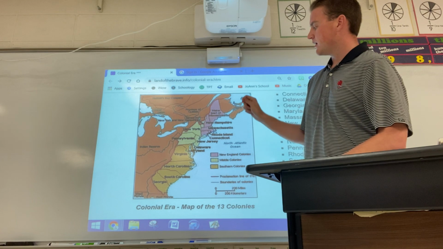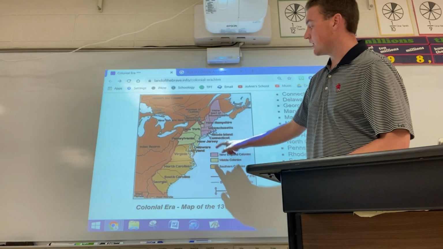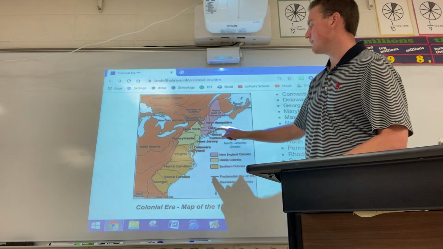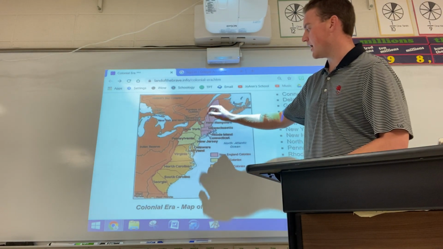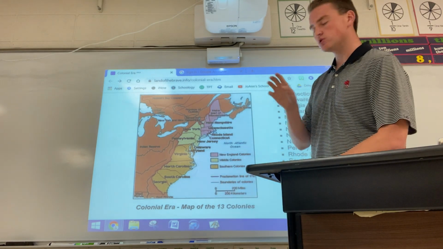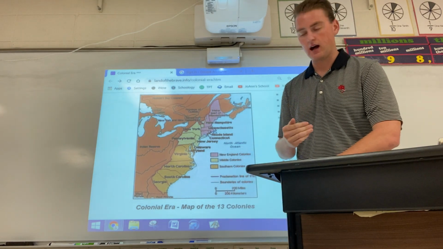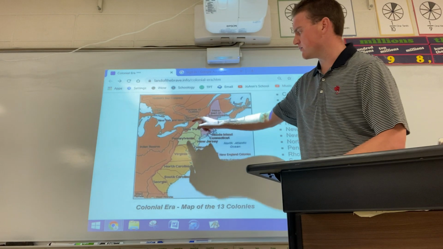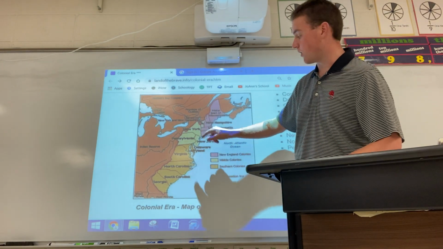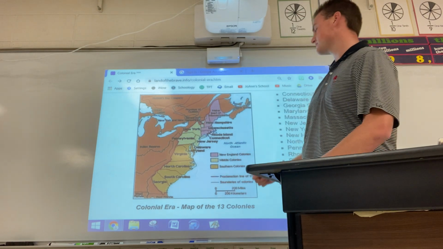The middle colonies consisted of the states of New Jersey, Pennsylvania, Massachusetts, and New York, and New Hampshire. Those were your middle colonies in the yellow. Even though they're still kind of far north, what we would consider north, they are the middle colonies.